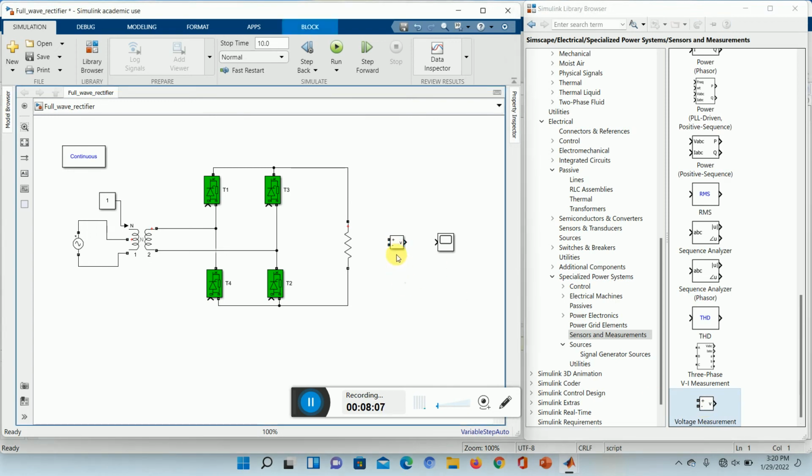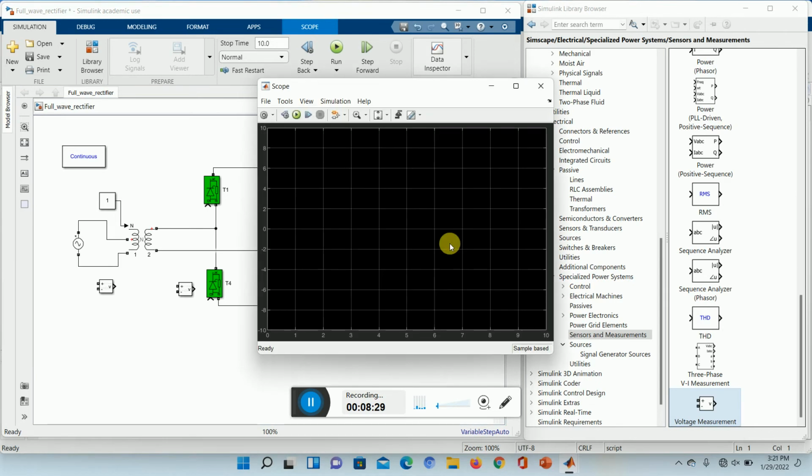We would like to measure this voltage, also the voltage over here, also the voltage in the input. So we're going to measure all these voltages. Obviously in scope, we want to see 3 different things.